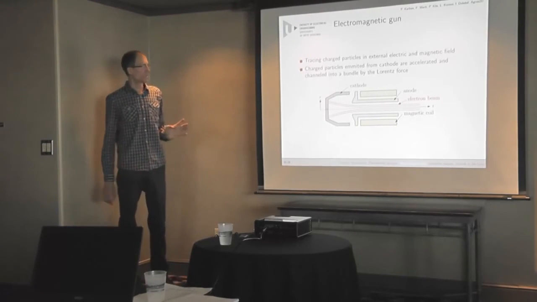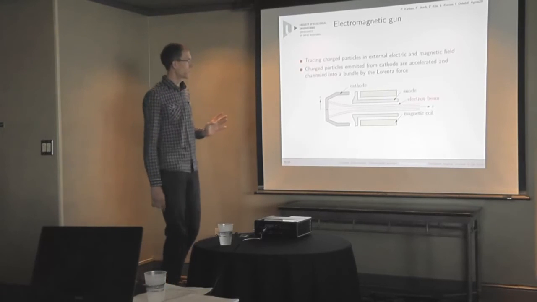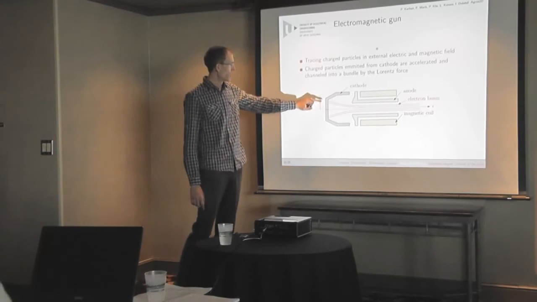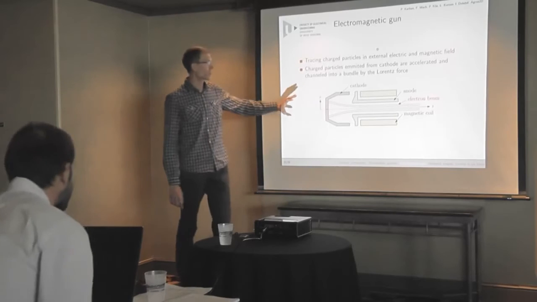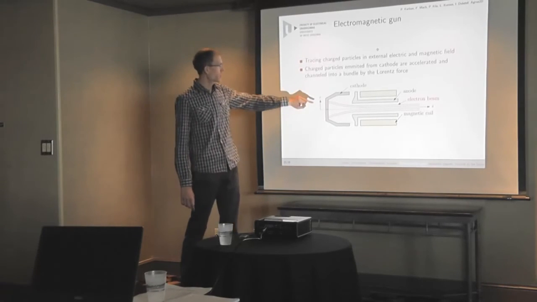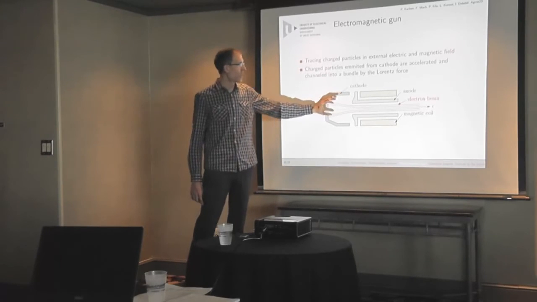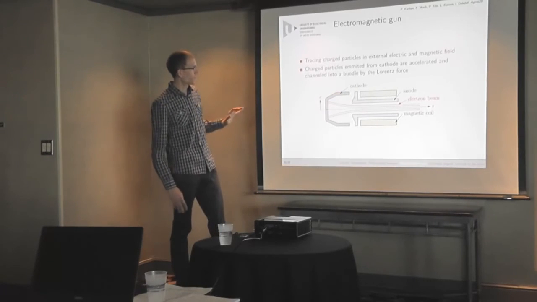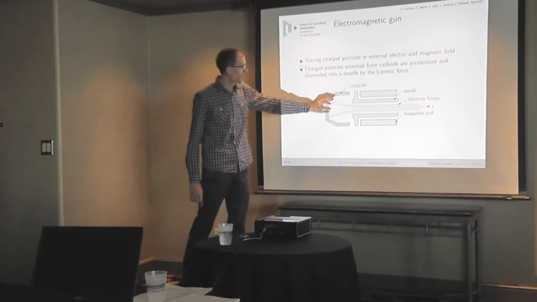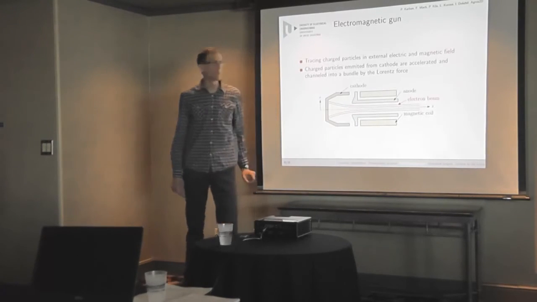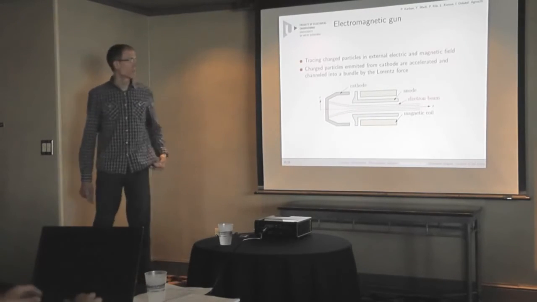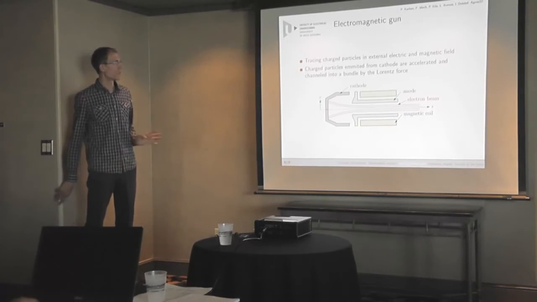The idea of the device is that from the cathode electrons are emitted, which are accelerated by the electric field, and at the same time they are focused by the magnetic field to create an electron beam. So there are two fields, but no coupling this time.